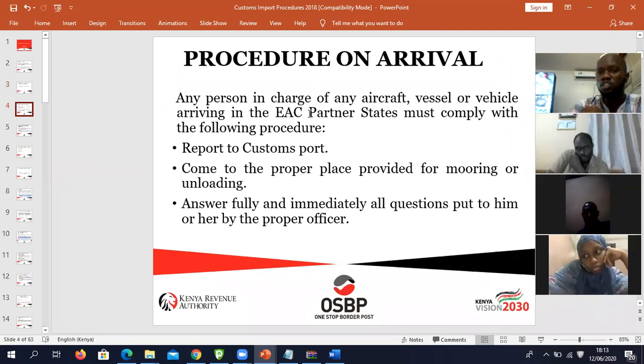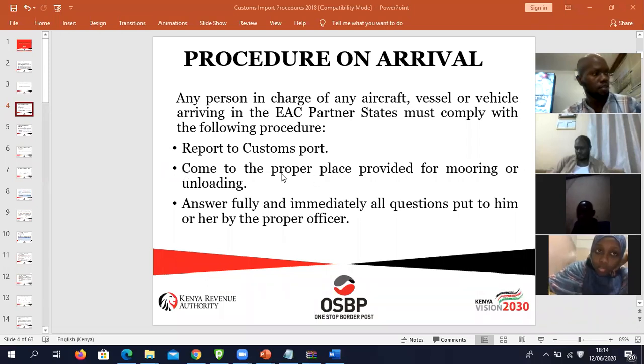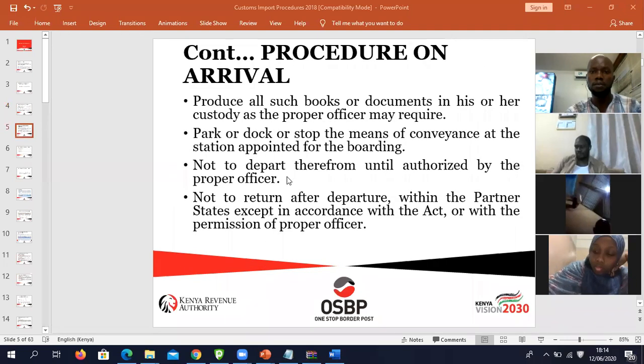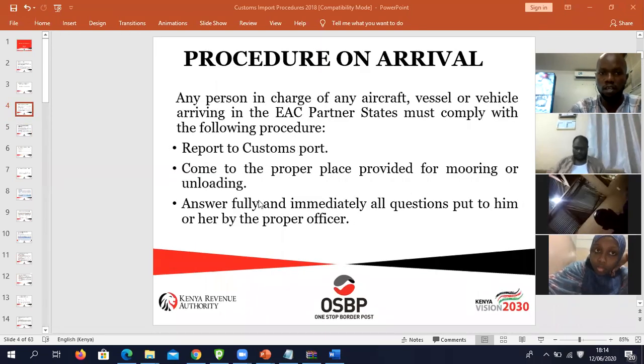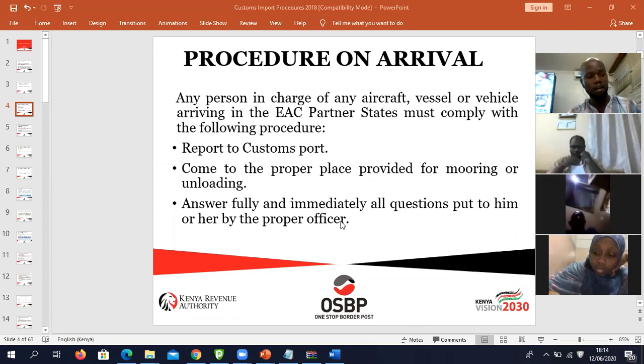On arrival, any person in charge of any aircraft, vessel, vehicle arriving in East African Community Partner States must comply with the following procedures. 1, report to customs port. 2, come to the proper place provided for mooring or loading. 3, answer fully and immediately all questions put to him or her by the proper officer.